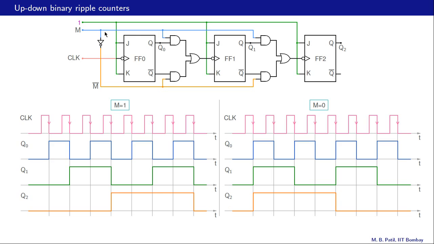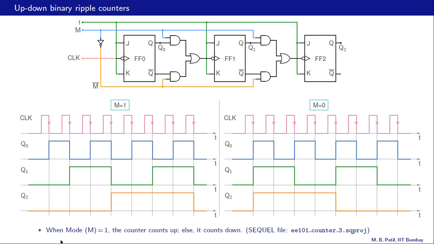Now since M is 0, the output of this AND gate is 0, and therefore the clock for FF1 is the same as Q bar of FF0, and similarly the clock for FF2 is the same as Q bar of FF1. And with these connections you should verify that we get these waveforms here, and that is down counting.